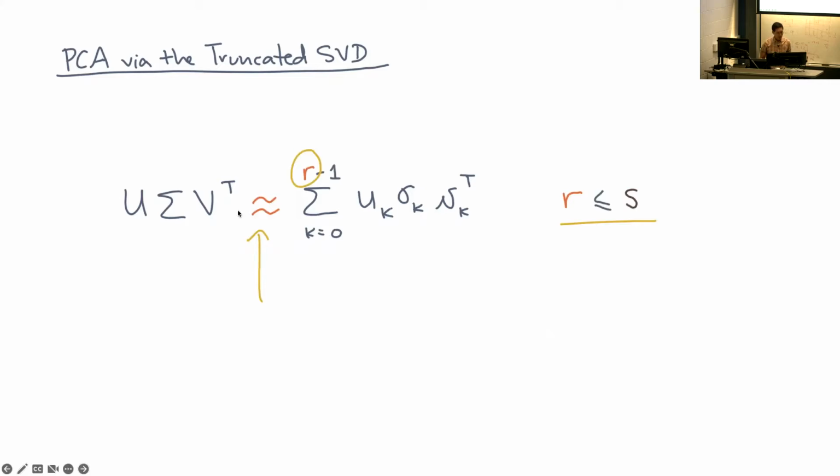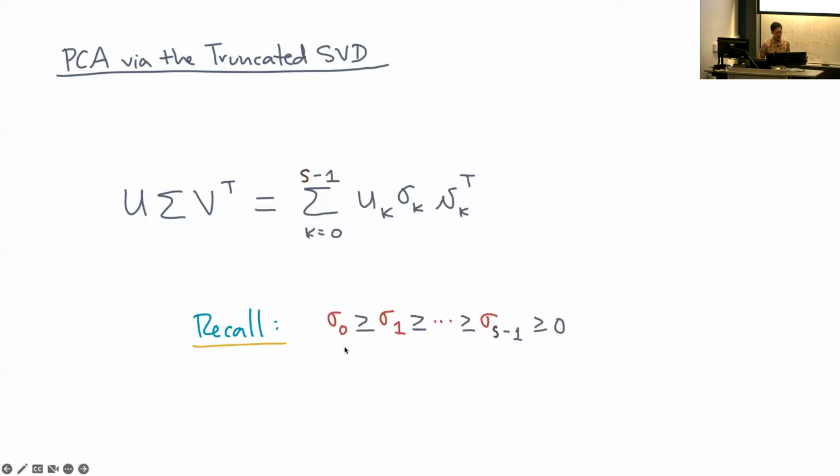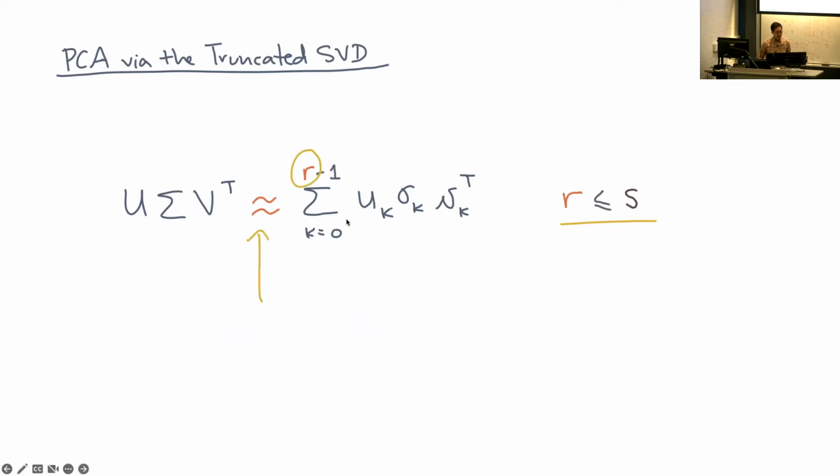If I want to approximate the left-hand side, and I have this convention that I've ordered the singular values from largest to smallest, then if I just cut off this sum at some value little r, where I pick any little r up to s, this thing on the right-hand side, it turns out, will be a rank R approximation of the left-hand side.